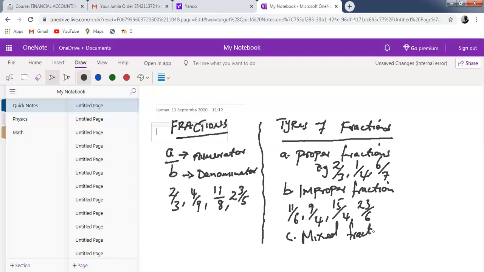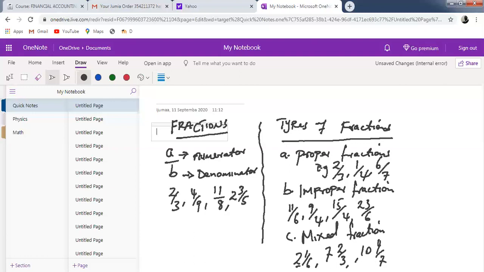Then C, we have another category we call a mixed fraction. A mixed fraction is a fraction that consists of a whole number and a proper fraction. You can have 2 and 1 over 6, 7 and 2 over 3, 10 and 4 over 7.